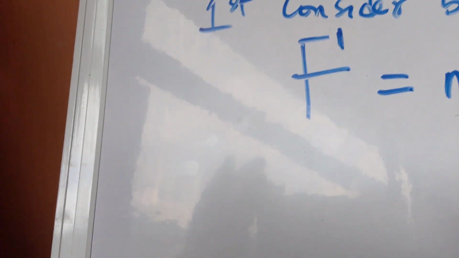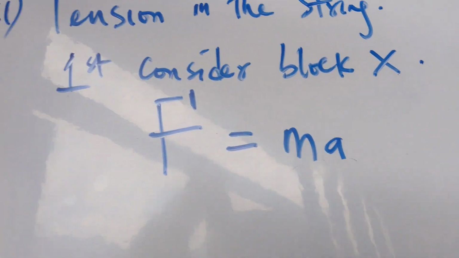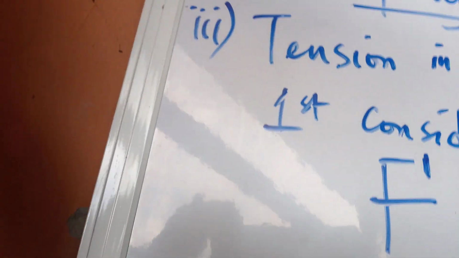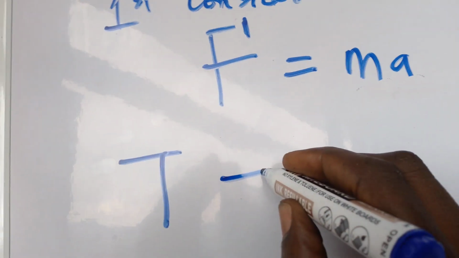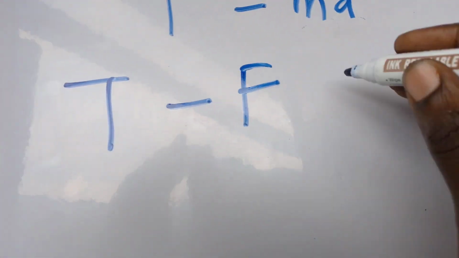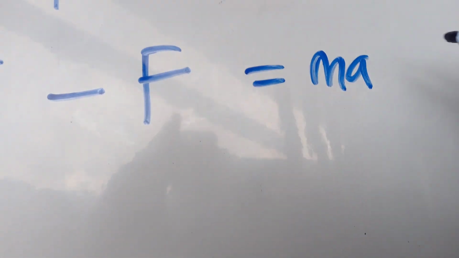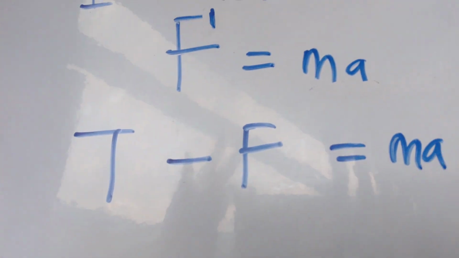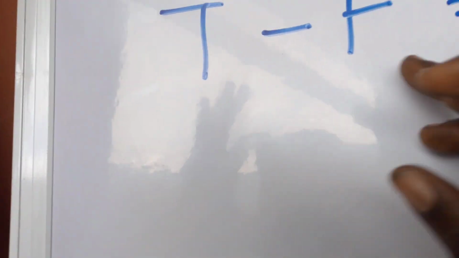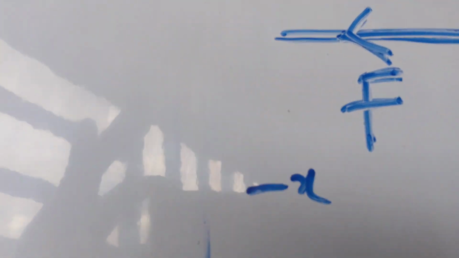So I'm having T as positive and then minus F as negative equal to ma. So T minus F equals ma.